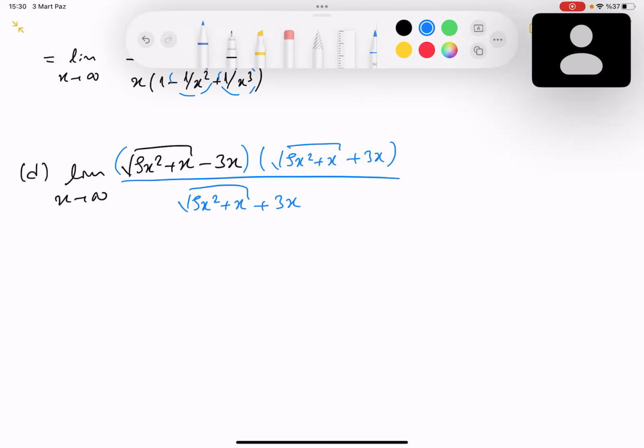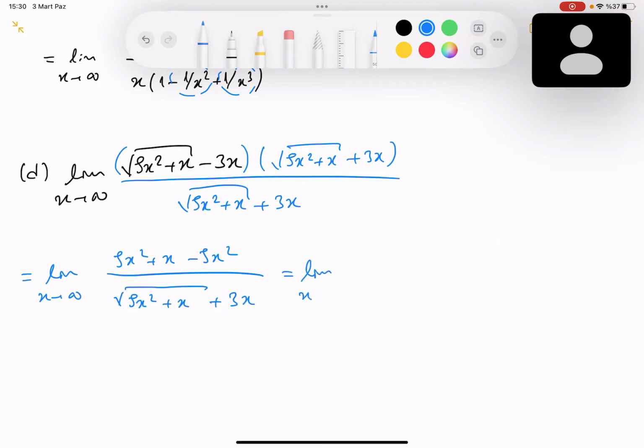Now if you multiply them, you will have 9x squared plus x minus 9x squared over the same denominator. So above you have x, and below you have the same denominator.